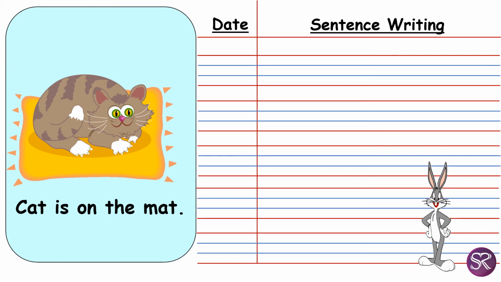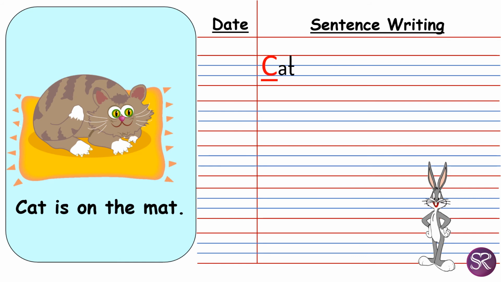The first step, what was the first step in sentence writing? The first letter should be a capital letter. So C will be a capital letter. Cat. C-A-T. Cat. Here C is a capital letter. Yes. After that we have to leave a finger space.